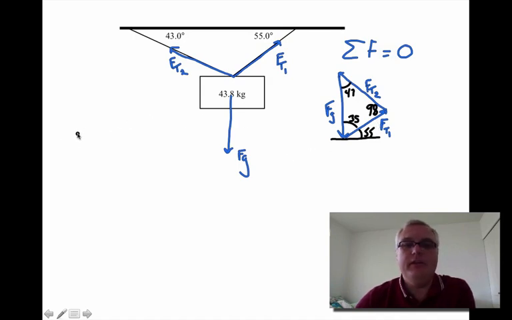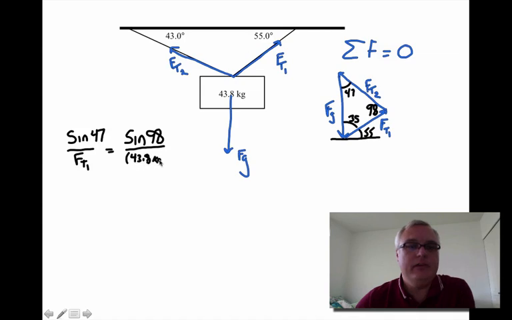So let's begin with Ft1. I know that sine of 47 over its opposite side, which is Ft1, equals sine of 98 over its opposite side, which is the weight, so 43.8 kilograms times the acceleration due to gravity, 9.80 meters per second squared.